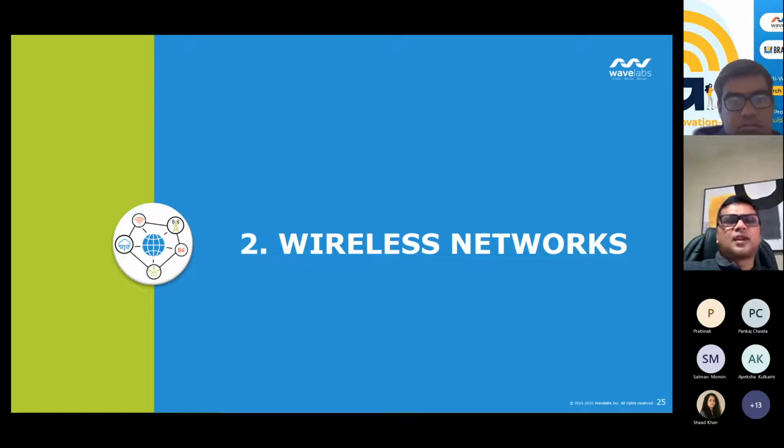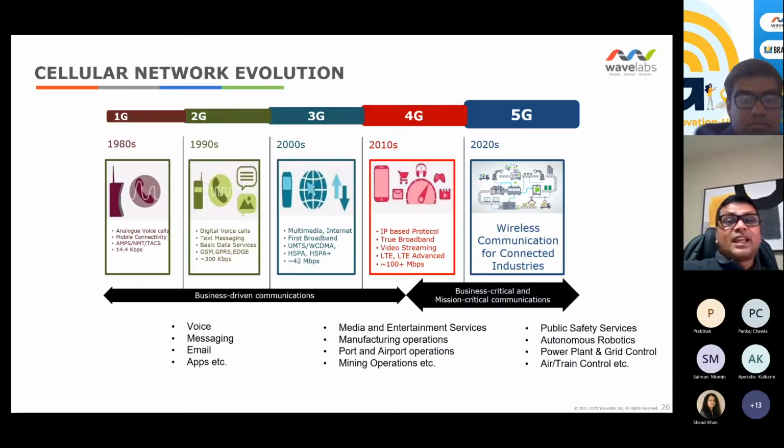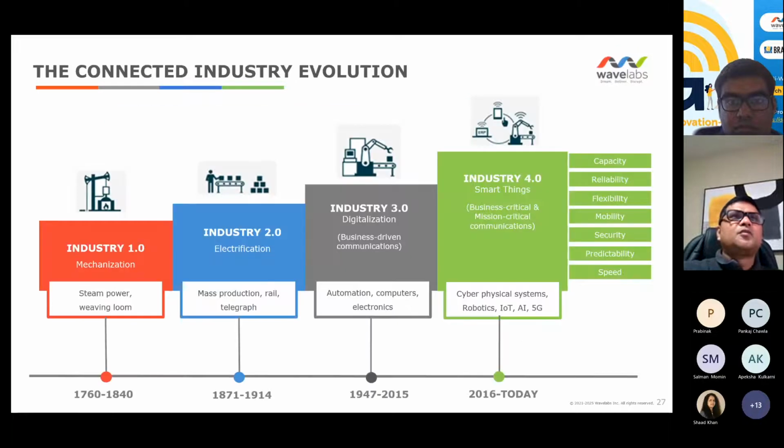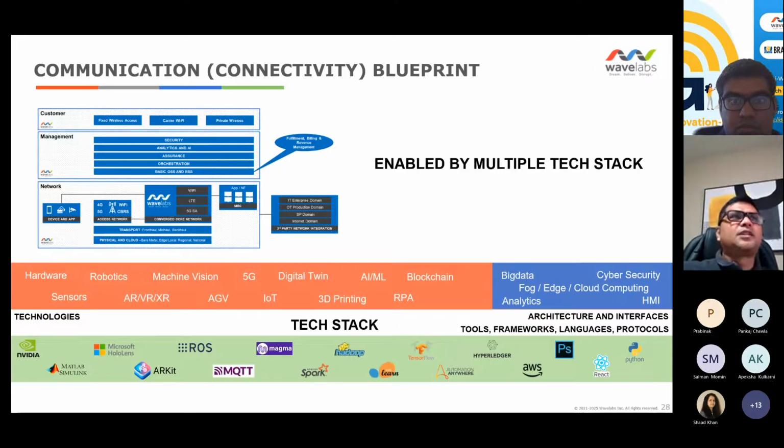And then we jumped into wireless networks. We looked at the evolution of wireless networks from 1G to 5G and how business-driven communications turned into business-critical and mission-critical communications that we are able to offer through 5G. And not only that, we also looked at how it can enable different industrial eras and different technologies that are out there, and how all these different technologies come together to really solve customer problems.